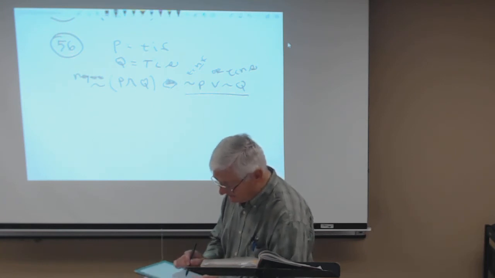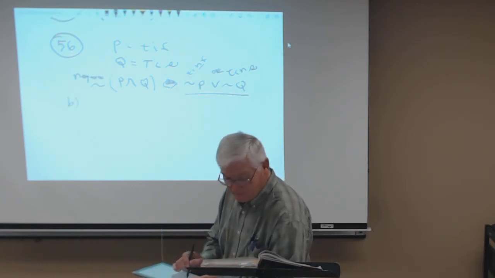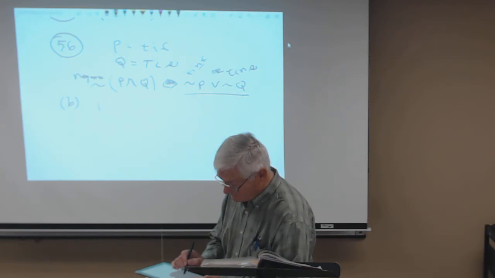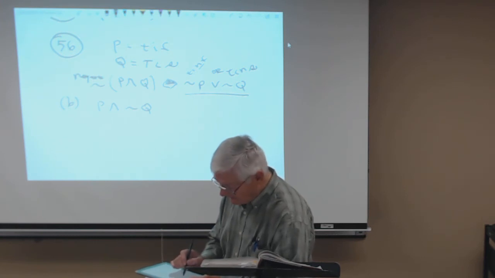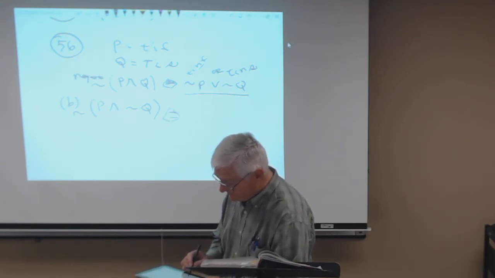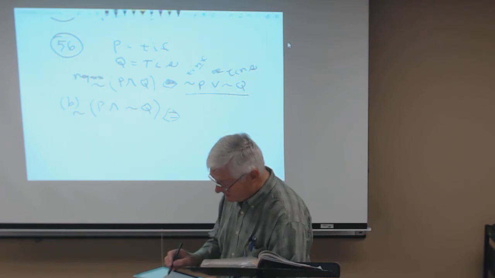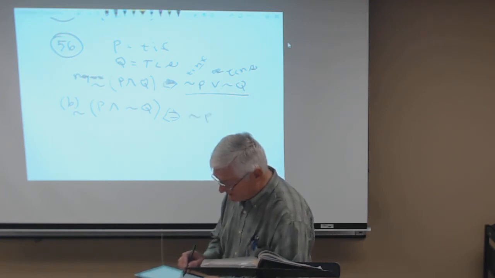Let's do B. Now, what am I supposed to do? I'm supposed to negate that, right? So to negate that, what would it equal? Not P, and then what happens to this?